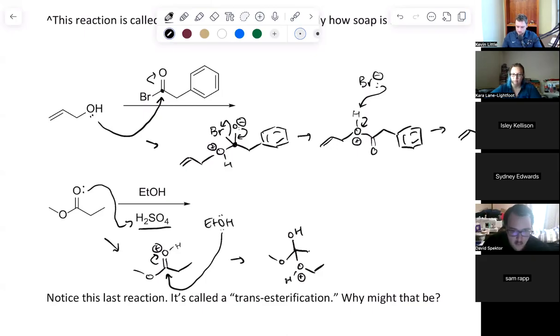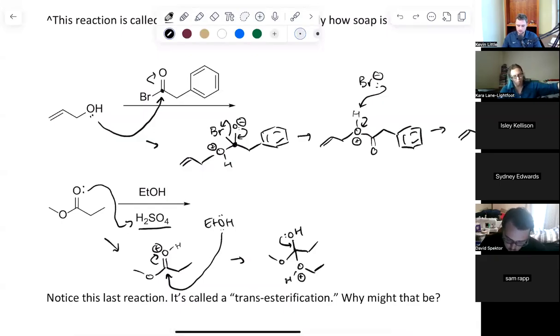So something kind of interesting happens here. I broke a carbonyl. The next thing that happens is I want to reform that carbonyl. The problem is that this leaving group is going to kick back off. To kick this back off is more favorable than to kick this back off at this point.